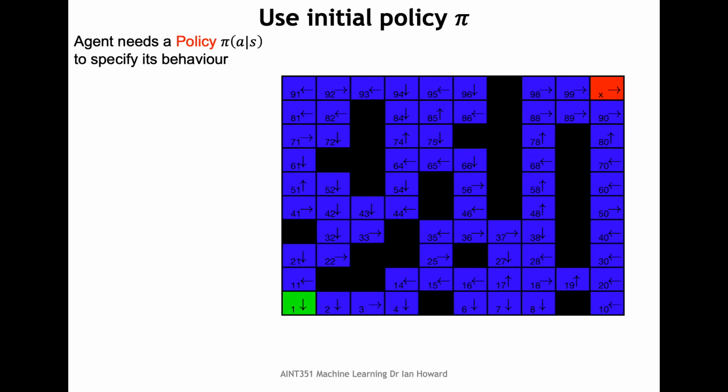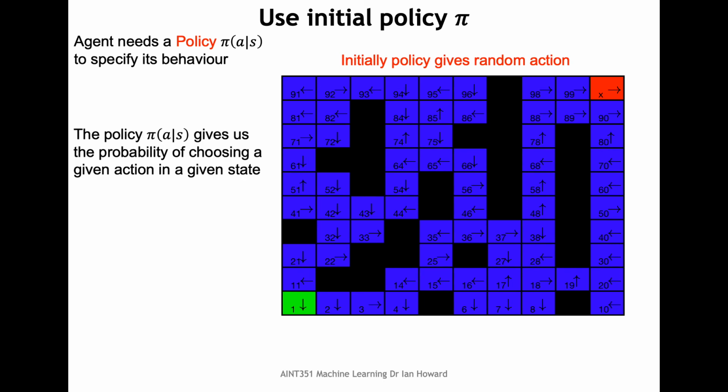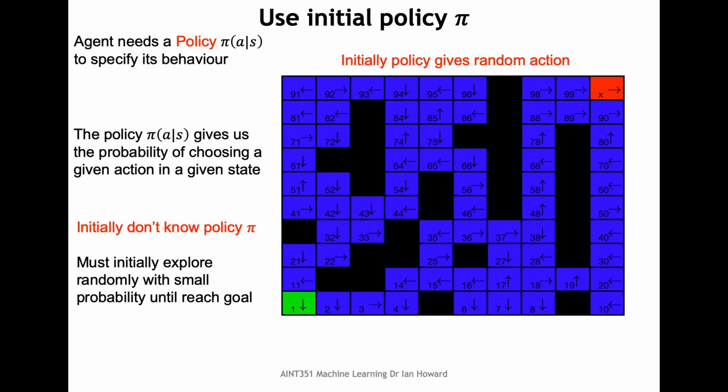Now imagine we specify some random policy, giving us the probability of choosing an action in a given state. So we could just randomly set that up using an appropriate random number allocation. But bear in mind, if we're doing a stochastic policy, for a given state, all the actions have got to add up to 1.